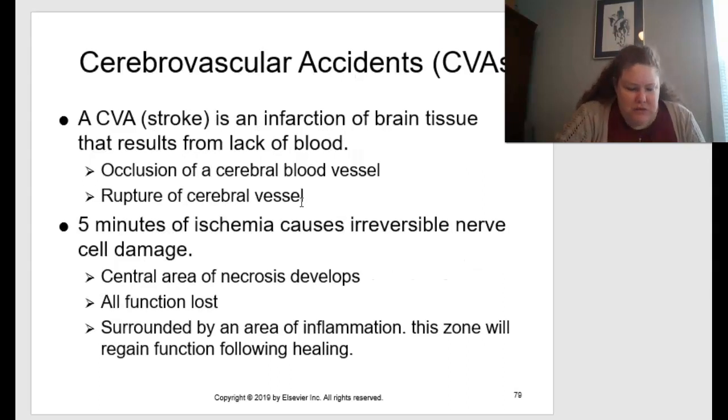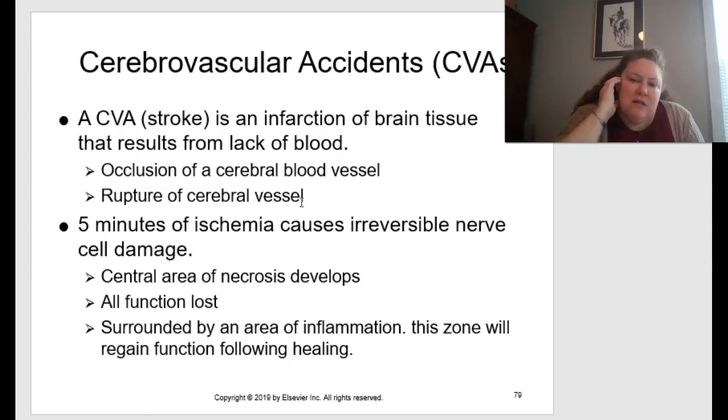When we're talking about cerebrovascular accidents or strokes, this is going to be on page 346. This is an infarction of the brain tissue that results from a lack of blood. So it can be from an occlusion of a cerebral blood vessel or from a rupture of a cerebral vessel.